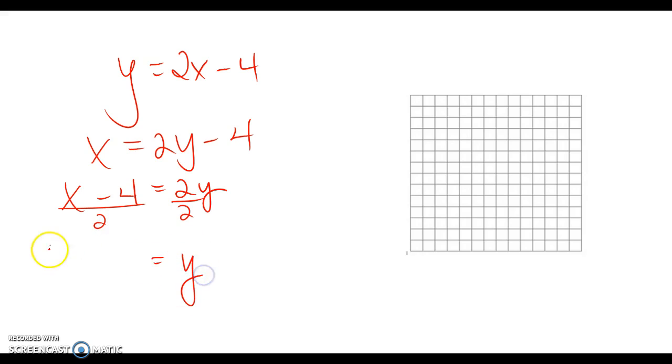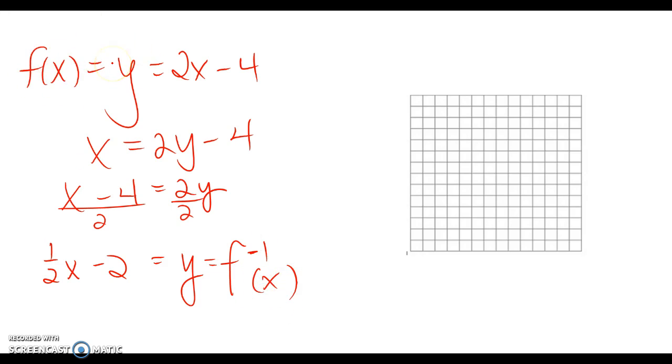So the inverse function is 1/2 x plus 2. And if I graph these, this inverse function, which we'll denote as f to the -1 of x, and this one really, so we're talking about function notation, right? If I graph these, you can try it on your calculator and you'll see what I have.